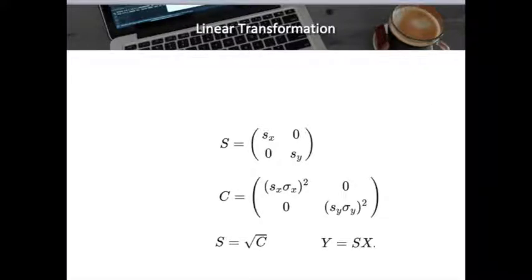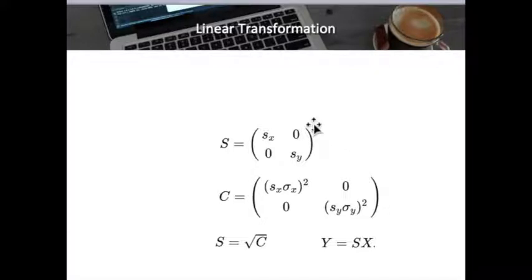And so let's have a look at how we can use linear transformations, or transformations in general, to affect the data and therefore the covariance matrix. As an example, what we do is transform our matrix using a scaling factor. What you can see here is a scaling factor for x and for y, and this transformation would simply scale the components x and y by multiplying them with s_x and s_y respectively.